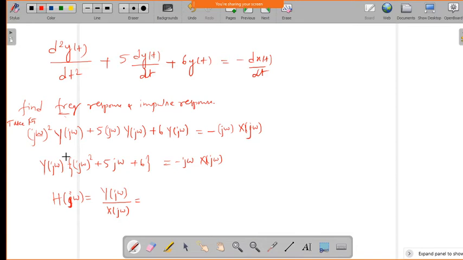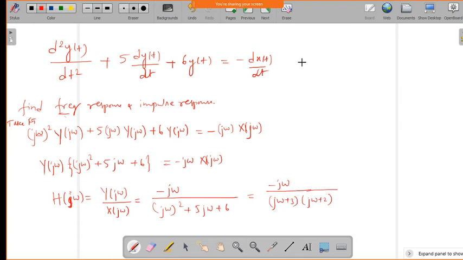Now take Y of j omega common, and if you take the ratio of Y of j omega by X of j omega, you will get minus j omega by (j omega square plus 5 j omega plus 6). Now we can take the roots of this equation. We will get (j omega plus 3) into (j omega plus 2).